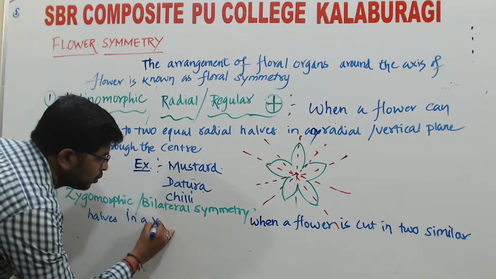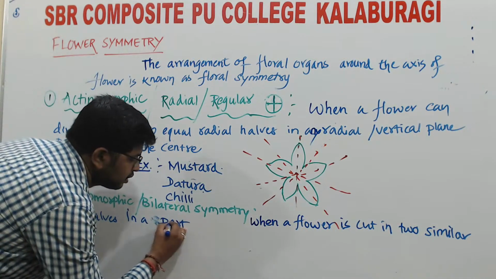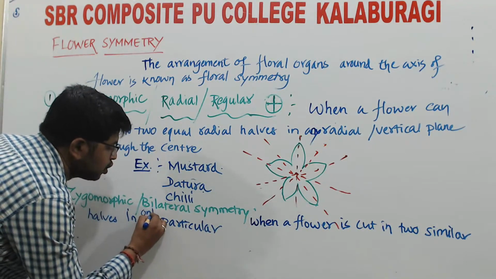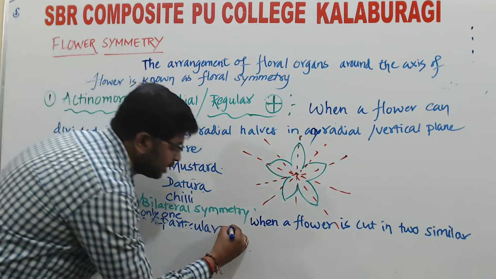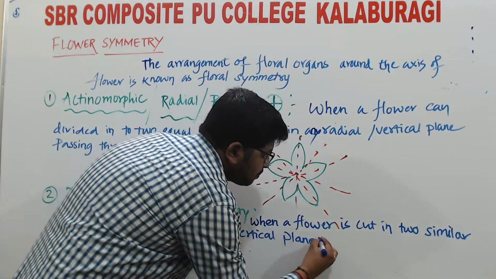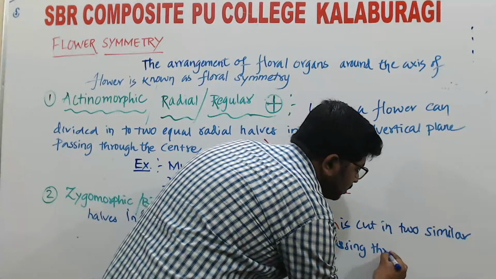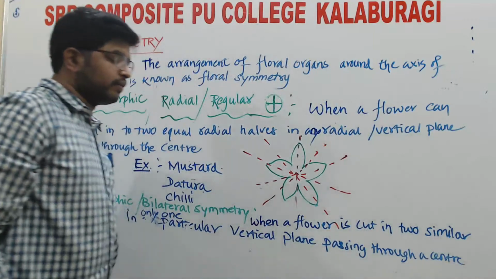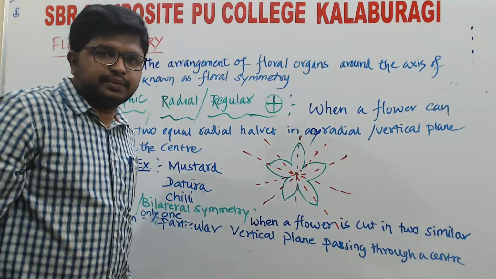in a particular, in only one particular vertical plane passing through the center, such a flower we call zygomorphic or bilateral symmetry.